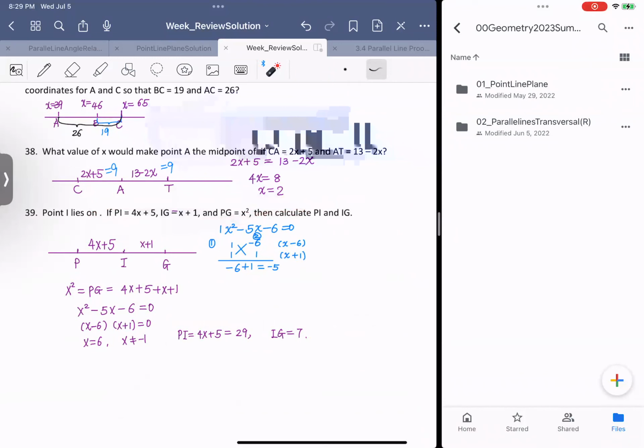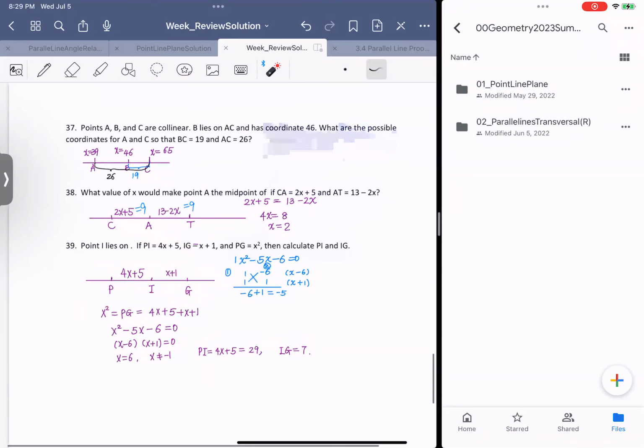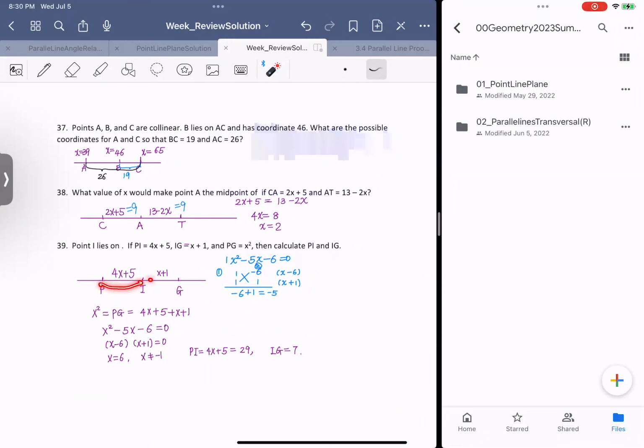They already ask you to put the IL, see here, this is PI, this is IG. And you need to use this guy plus this guy equals this total. So this total is Ix squared equals the left part plus the right part.